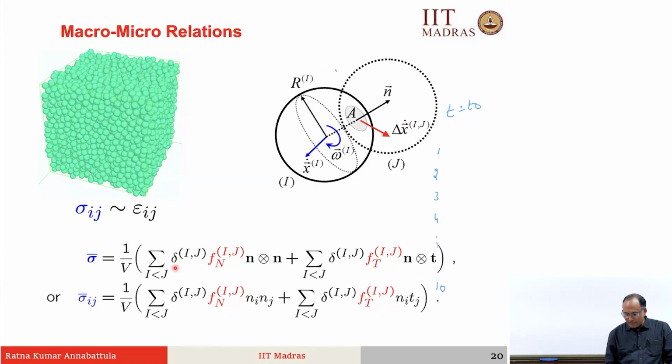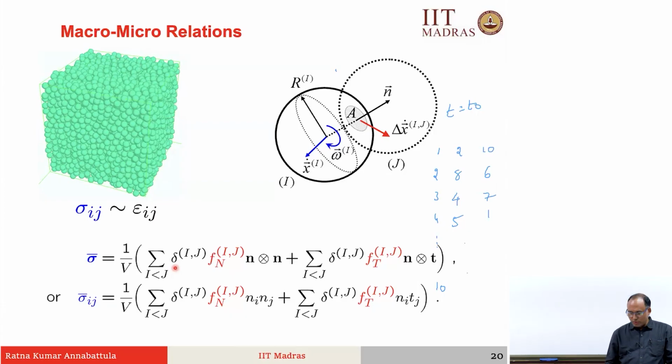Particle 1 has contact with 2 and 10. Because particle 1 has contact with 2, 2 should also have contact with 1, but there is no point in writing it because it is already done, so we will not write it. Let us say 2 has contact with 8 and 6, and 3 has 4 and 7, 4 has 5 and 1, like that. I am only writing 2 contacts, you may have more contacts.